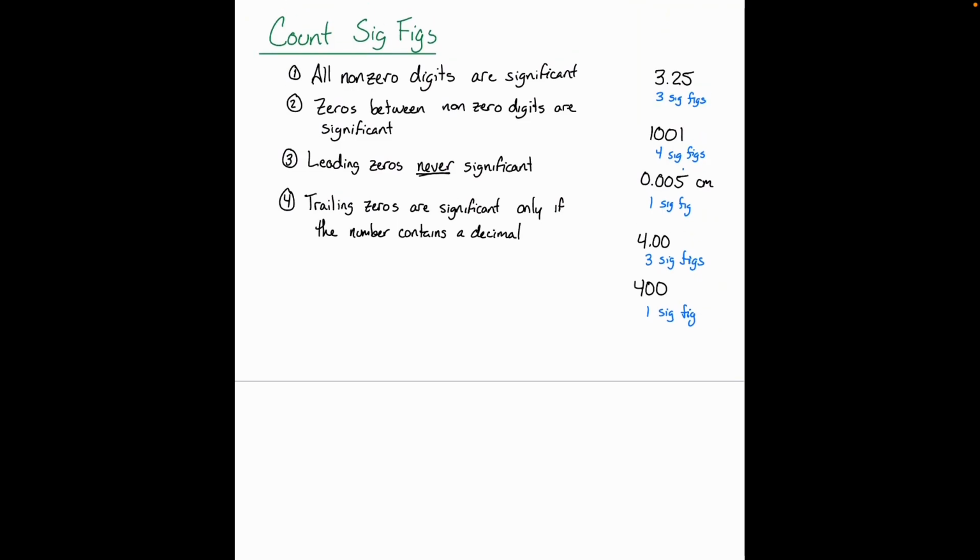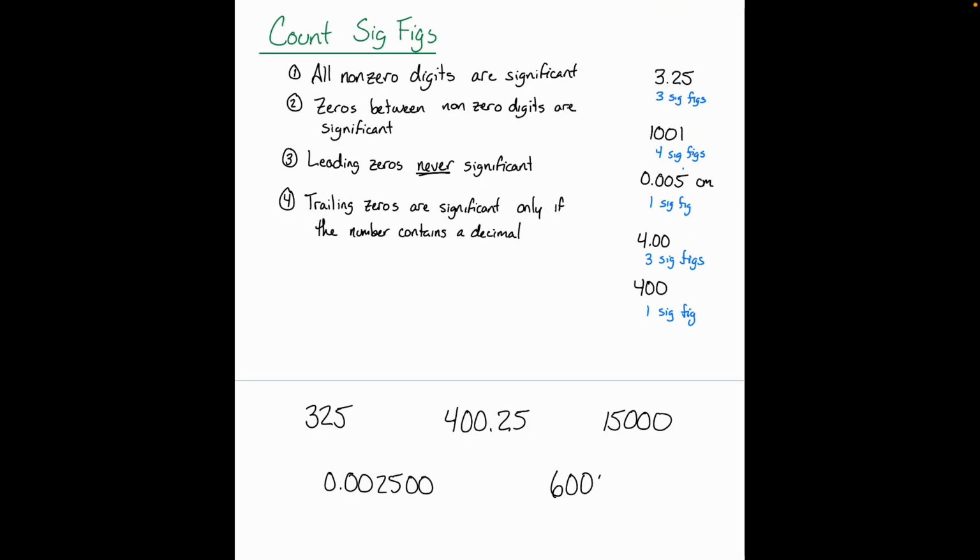We'll leave our rules up at the top here. So we got 5 numbers up here. You guys are going to go through and tell me how many sig figs you see in each of those 5 numbers.